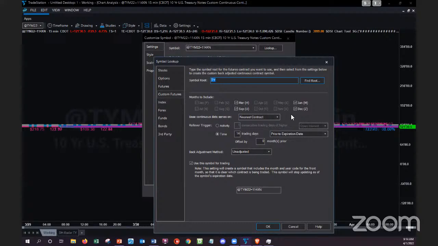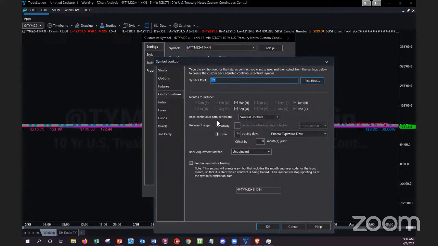So let's examine this a little bit. When we do this lookup on this custom futures contract, we see that March, June, September, and December are highlighted and checked. That's the standard rollovers when these contracts roll over.